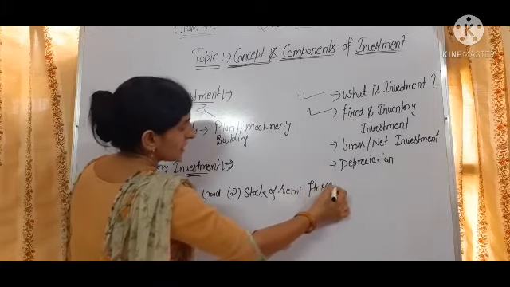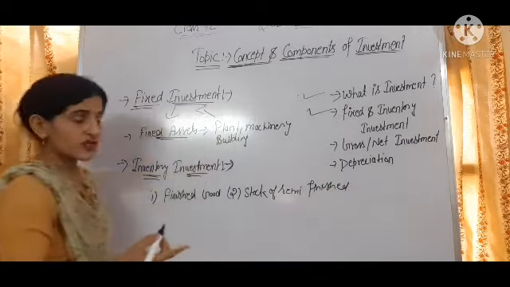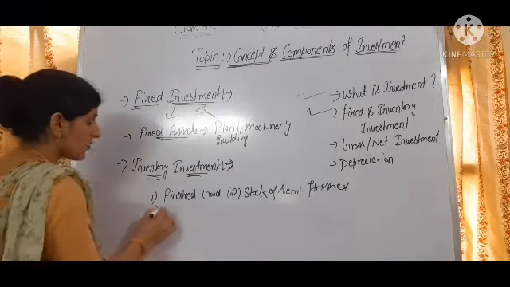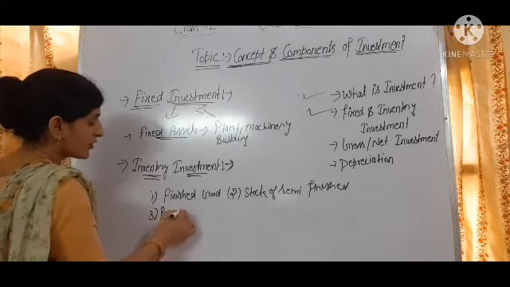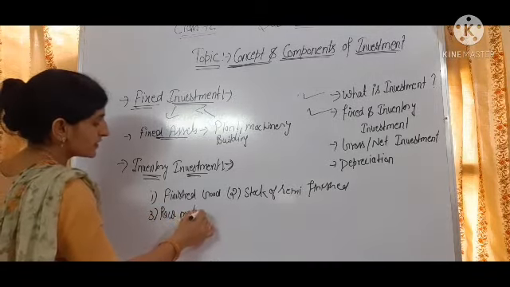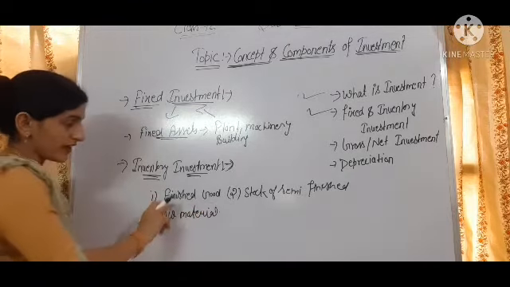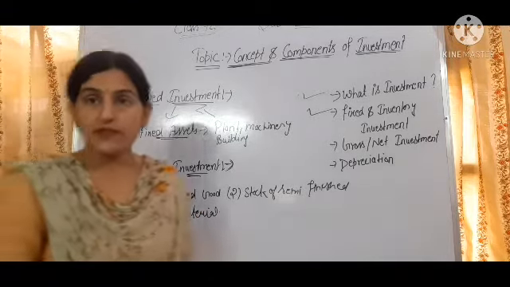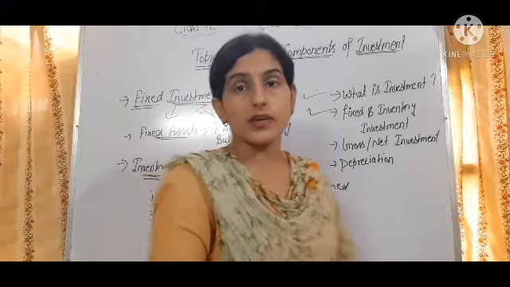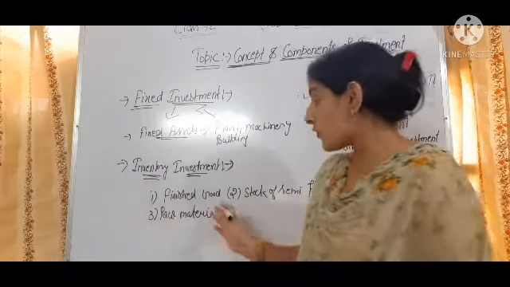Semi-finished means which are in the process of production. And the third is raw material. So a producer may have stock of this type: stock of finished good, stock of semi-finished good which are in the process of production, and stock of raw material.